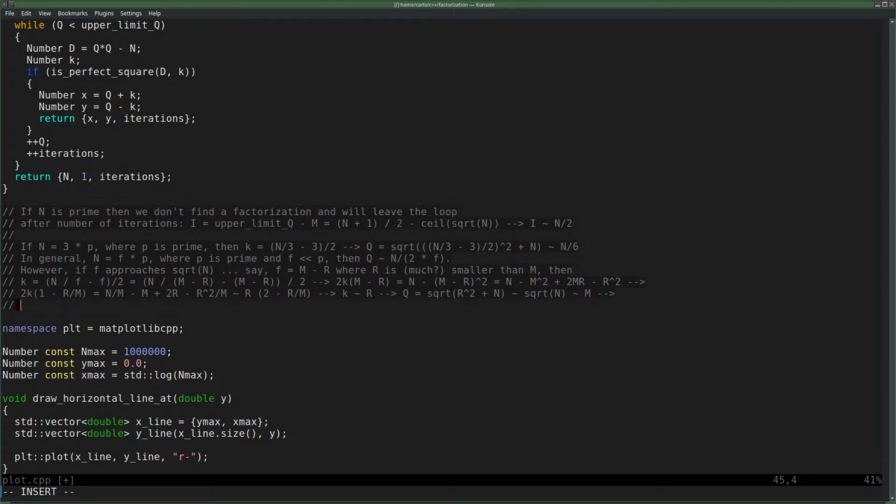from which follows that the number of needed iterations... Yeah, I have to. Q starts at M, so I need an approximation in terms of R here anyway.